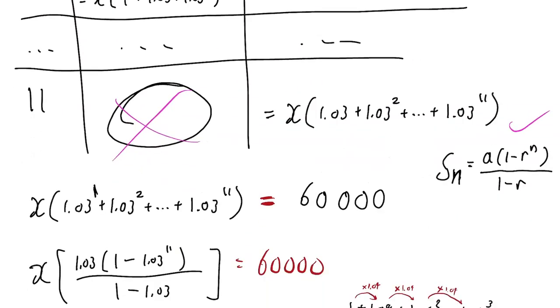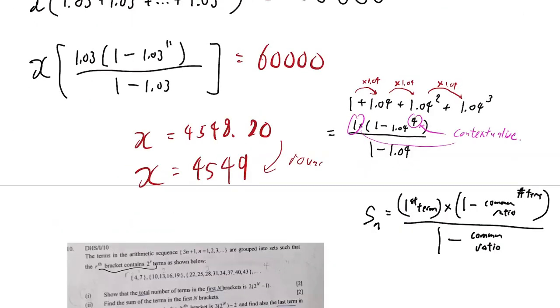So round up, despite the fact that typically you think 0 to 4 round down, 5 to 9 round up, right? But here, because it's a money question, you must think of the context. Round up in order to hit the minimum amount of 60,000. At least. Is that clear?